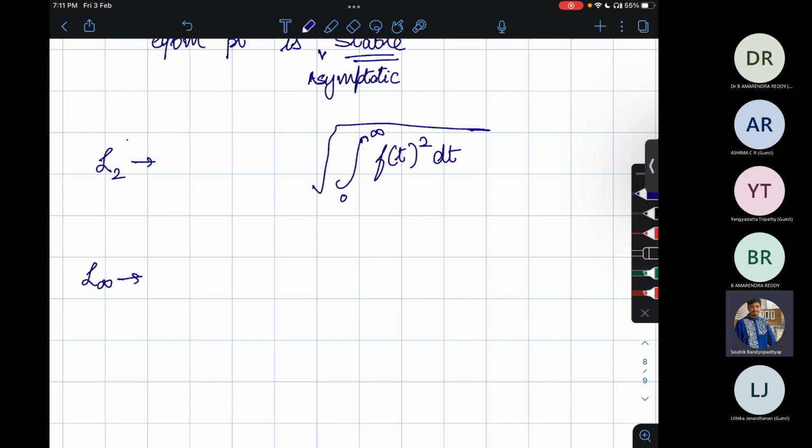Now an L2 function means that this norm is less than infinity. In other words, this quantity is less than infinity, which implies that it is finite, right?